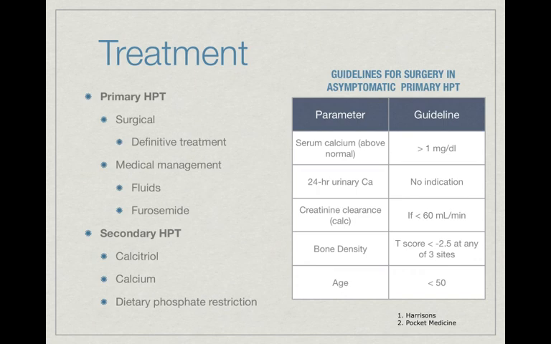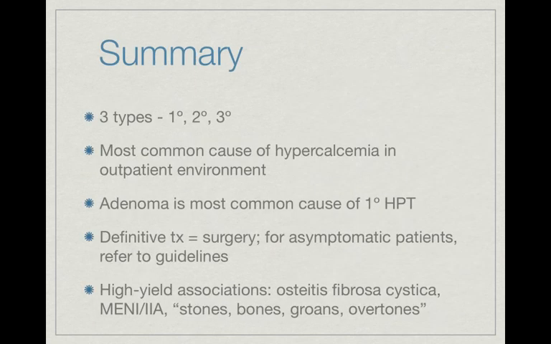And if you see that at 3 sites, that's an indication for surgery. And also age, less than 50. A young person under 50 has a lot of life to live, and if the hyper-PTH goes unresolved, it can lead to some of the overt clinical presentation that we discussed a few slides back. So these are the things that would encourage you to send an asymptomatic patient in for surgery.